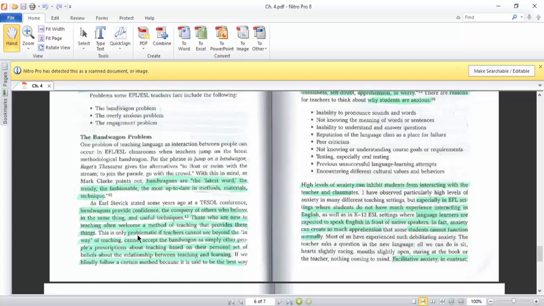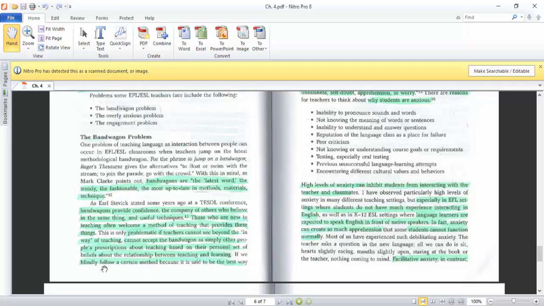Okay, this is problematic. If the new teacher uses the bandwagon, what we call the latest methodology, this is problematic if the teacher cannot see beyond it and cannot accept the bandwagon as simply other people's prescriptions about teaching, based on their personal set of beliefs about the relation between teaching and learning.